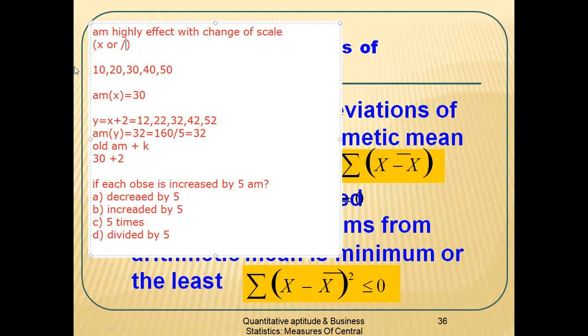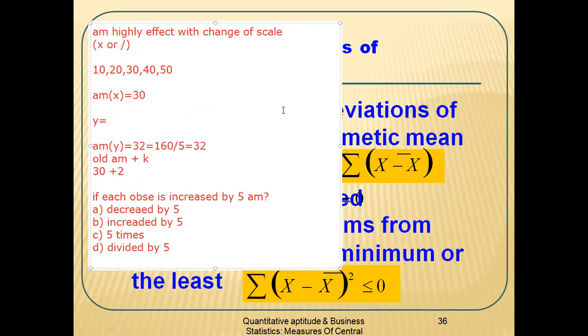The given observations are 10, 20, 30, 40, 50. Now, can anybody tell a number to be multiplied or divided? Anything you can do. Let me do it with division. Can anybody tell a number so that I can take x divided by that number? Let me divide each observation by that number.